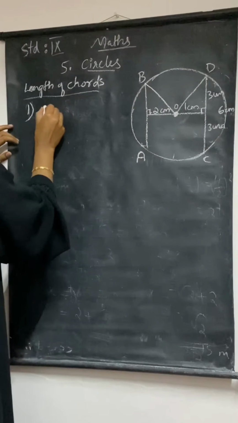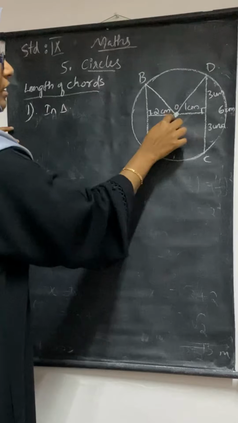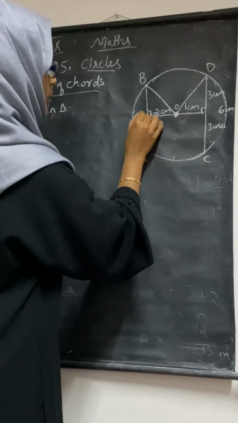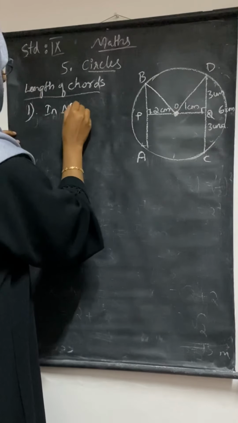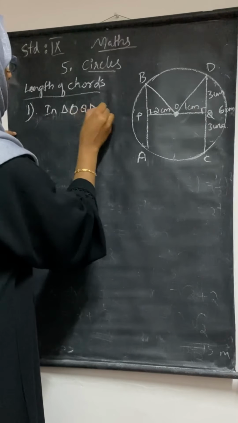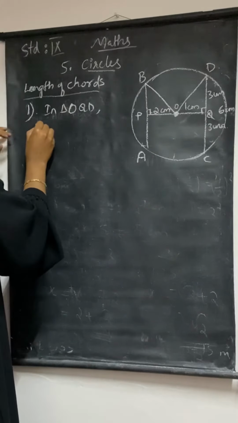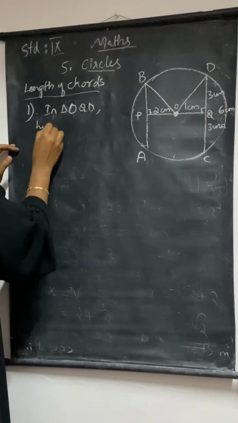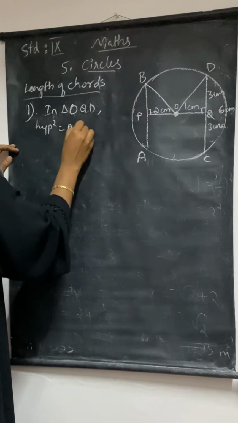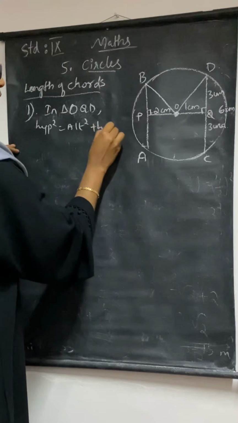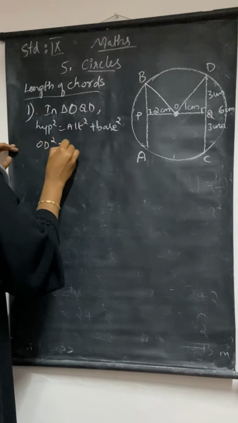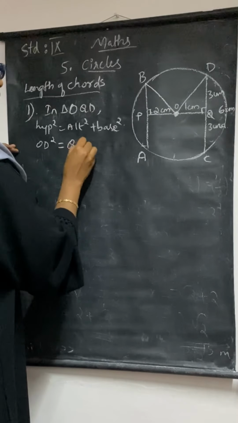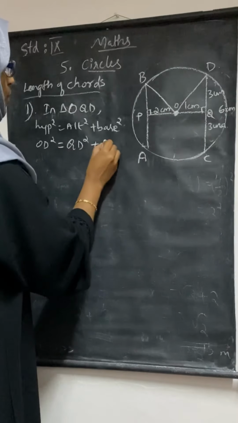You can see in the triangle, I can name the points P, Q here. So in triangle OQD, we have to find the hypotenuse. Hypotenuse square is equal to altitude square plus base square. So OD square is equal to QD square plus OQ square.